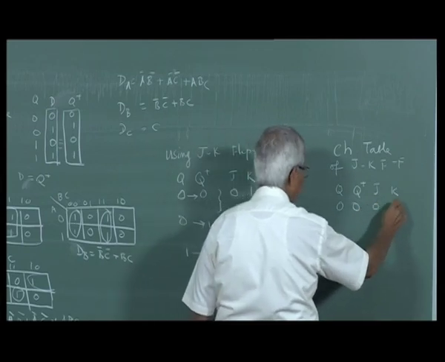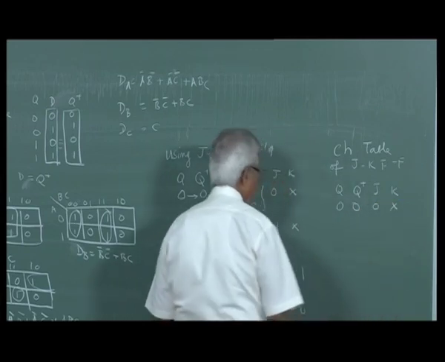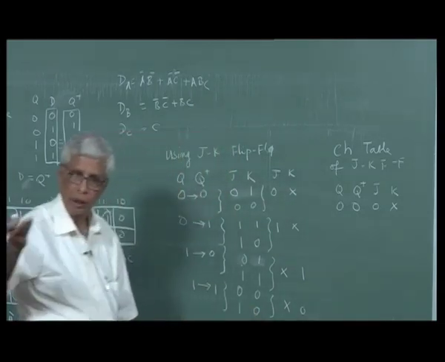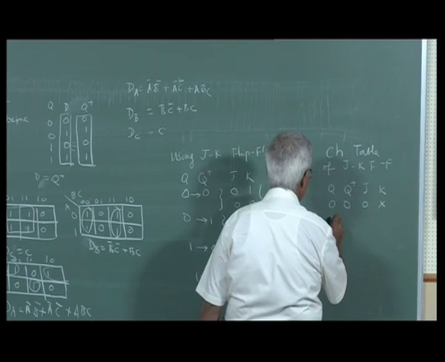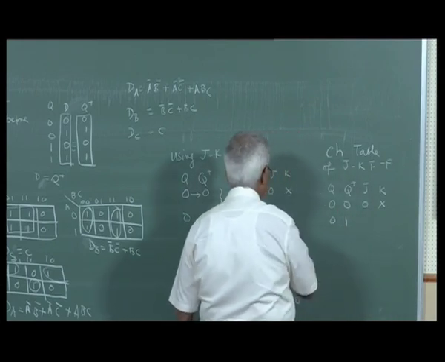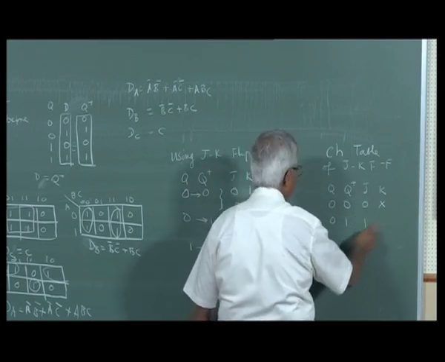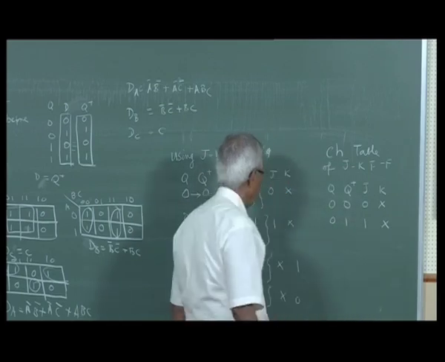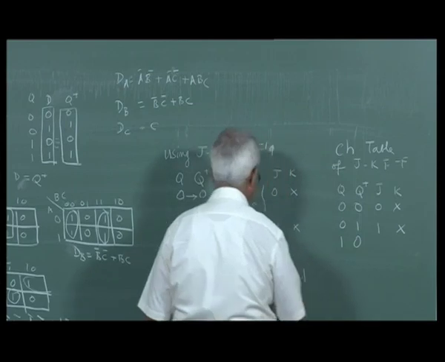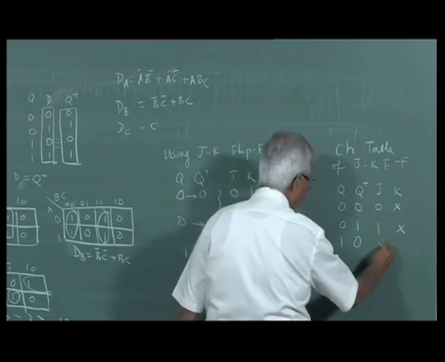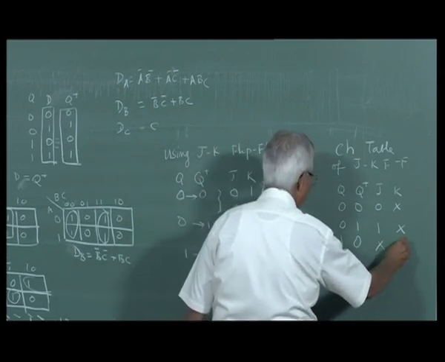J has to be 0, K can be don't care. That means it can be either 0 or 1. Similarly, in the 0 1 state, the J has to be 1, K can be 0 or 1. If the present state is 1 and next state is 0, J can be 0 or 1, but K has to be 1.